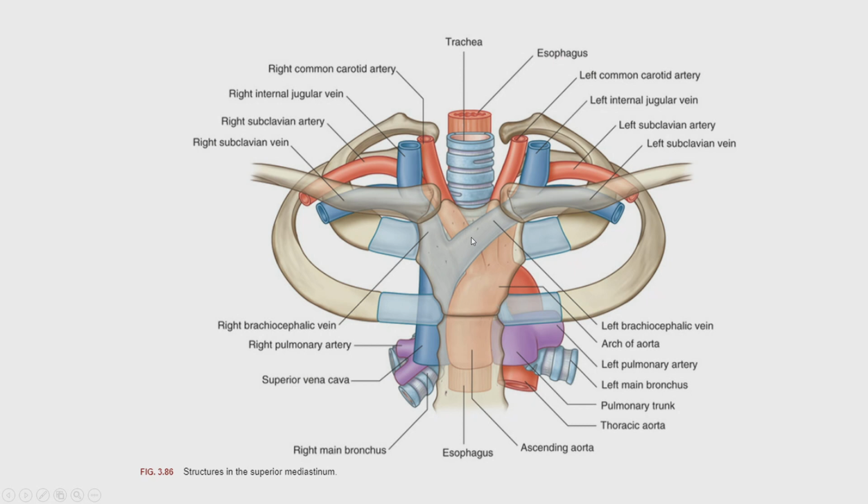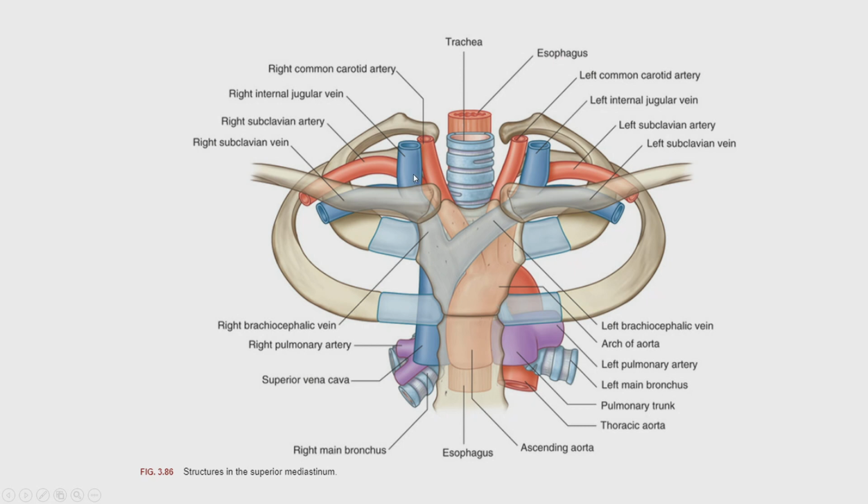But what I'm going to say is that the brachiocephalic vein and the superior vena cava are located exactly at the level of the junction of the clavicle with the sternum, so behind the sternoclavicular joint, and in close proximity to the connection of the first rib to the sternum.